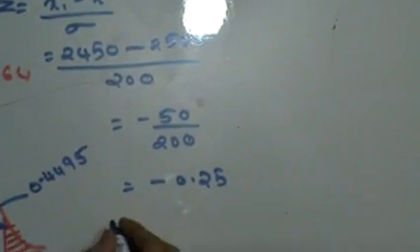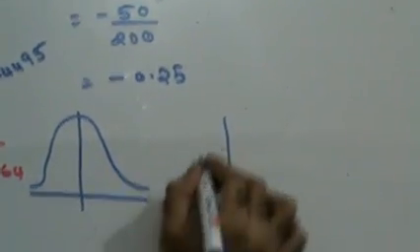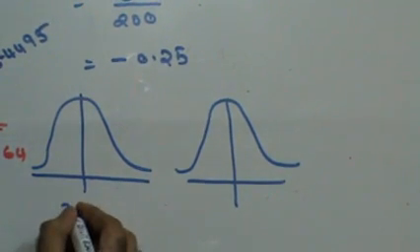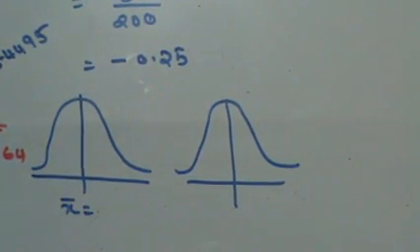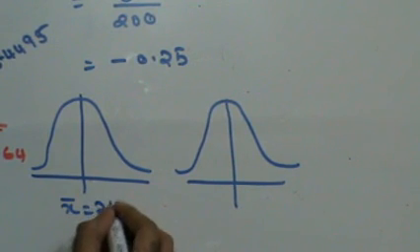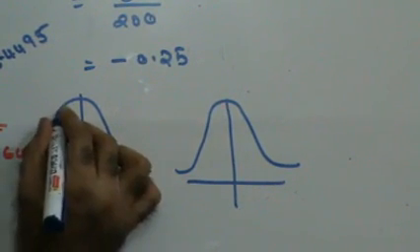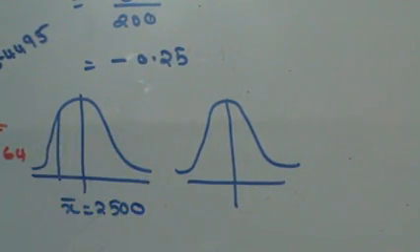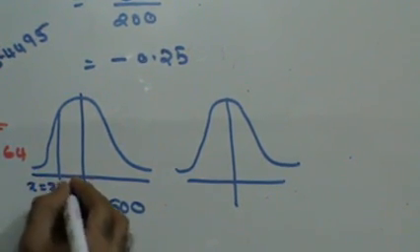Let's draw the bell curve now. Bell curve for the actual data, bell curve for the normally distributed data. You have to draw both the bell curves. This is mean, which is given to me as 2500. I want more than 2450. 2450 is going to be to the left. X is 2450.